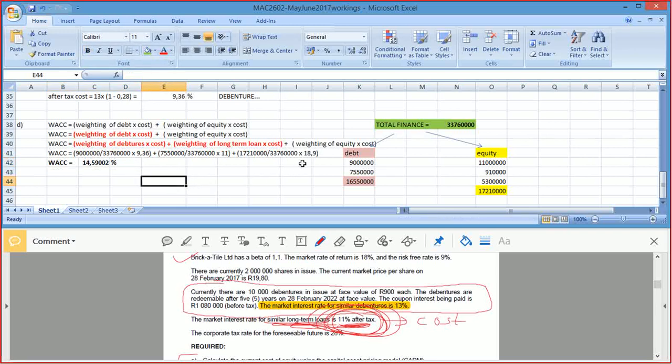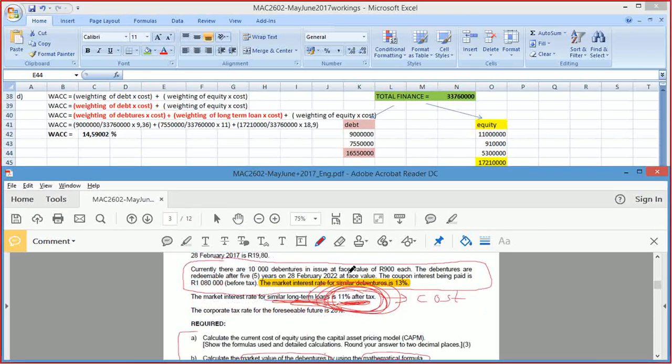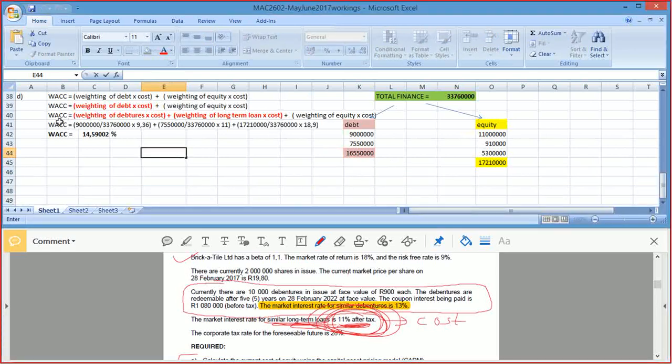Okay, and that's it. So with the debt, we got 16.55. Did we split it between the debentures and the debt?